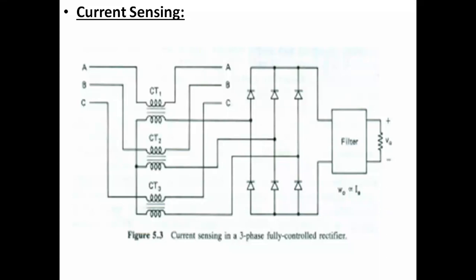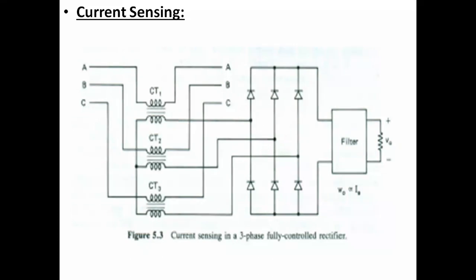And what does current sensing mean? The currents in the AC lines of the rectifiers carry information on the DC side armature current when freewheeling is not present. The rectified output of the current transformer, whose primary is connected to the AC lines, gives a signal which is proportional to the armature current.